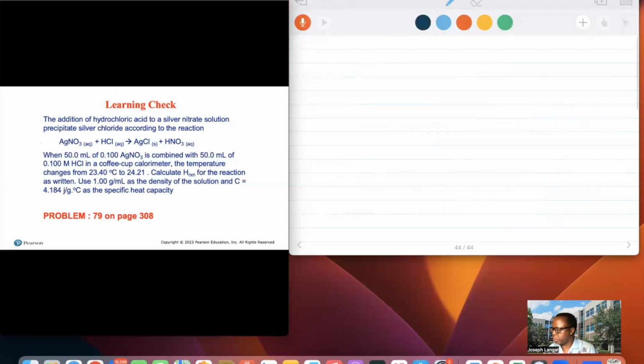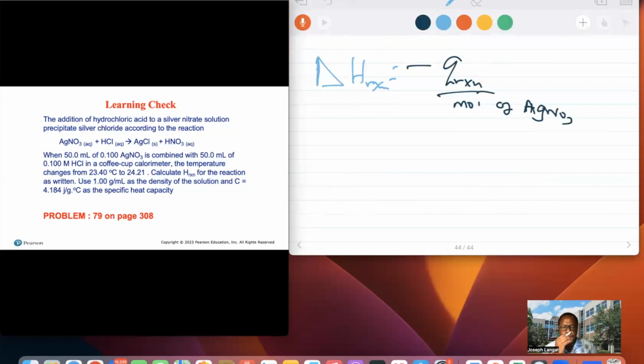But we need it per mole. It doesn't really matter which one we use.